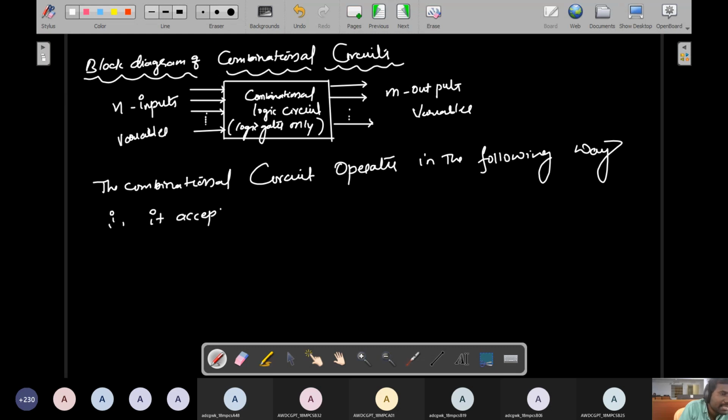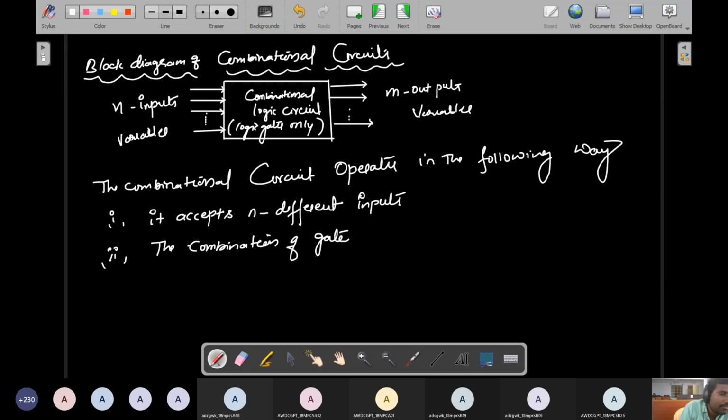Second, the combination of gates operates on the input.